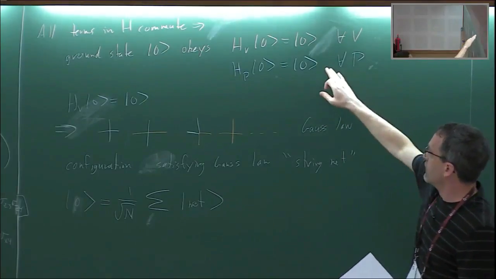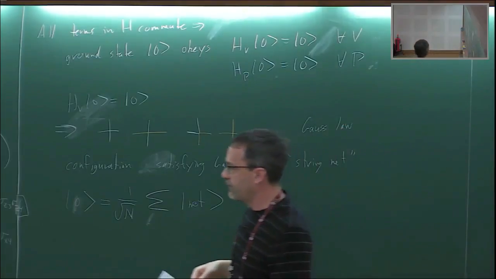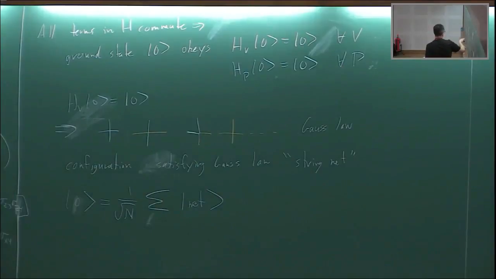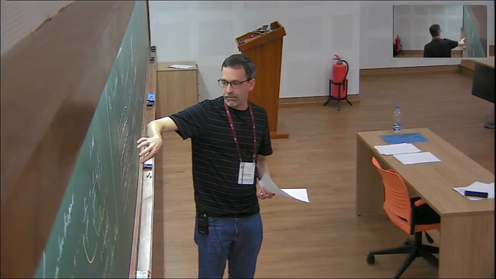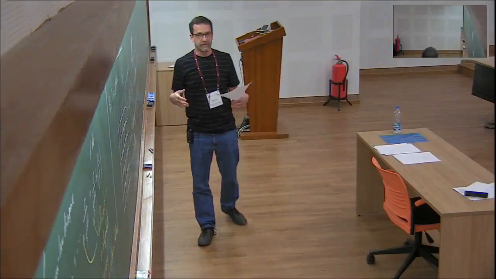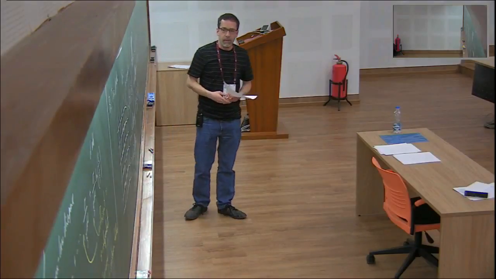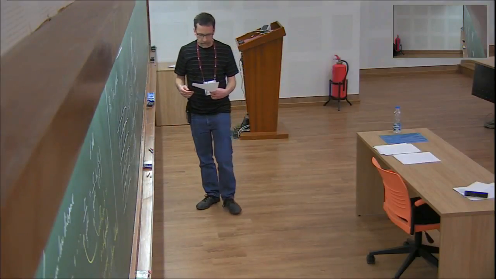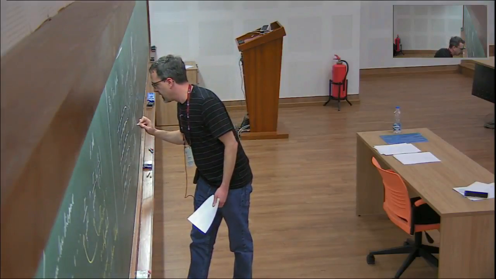Or if you violate this rule, then you're basically saying that you're forcing the flux around some given plaquette to be 0 or 1. So you're not allowing that particular flux to fluctuate. And so essentially the excited states are given by inserting defects at particular points. Okay? And it turns out that this is a gapped ground state.